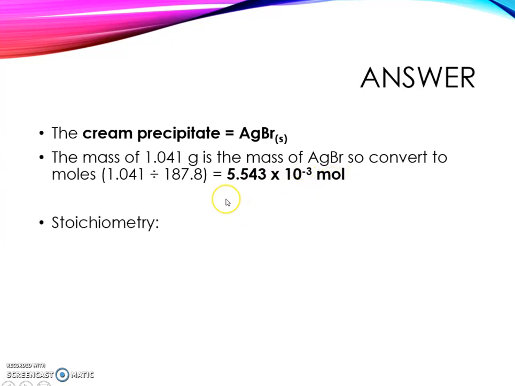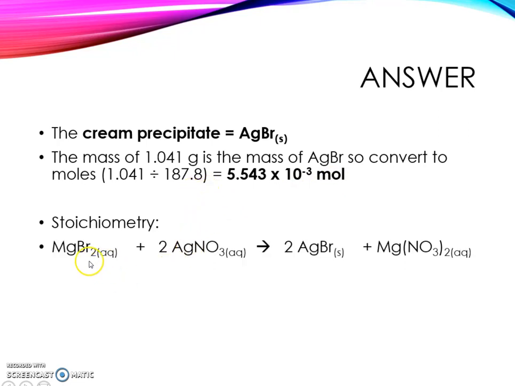Now you need to know how much magnesium bromide generated this. So the stoichiometric equation, which you could be asked to derive yourself: you've got 1 magnesium bromide plus 2 lots of silver nitrate gives 2 lots of silver bromide and magnesium nitrate.